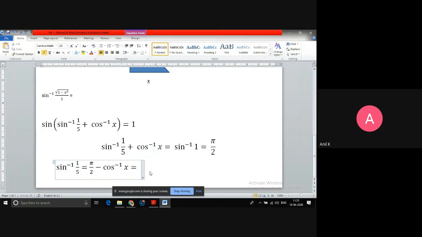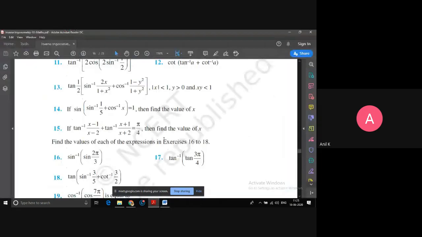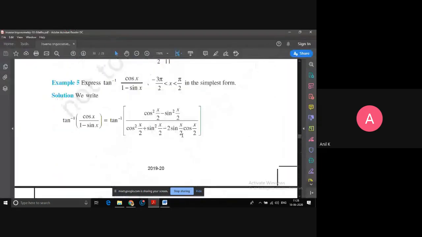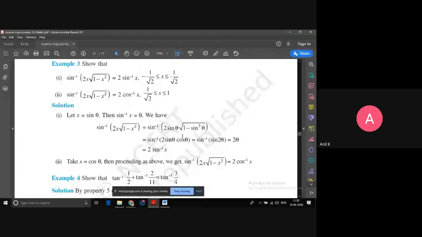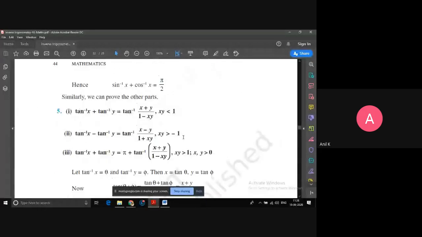Here we are going to use one more identity. If you remember, sine inverse x plus cos inverse x equals pi by 2. That identity we also discussed. Anyone remember that identity? Yes, this is the identity.